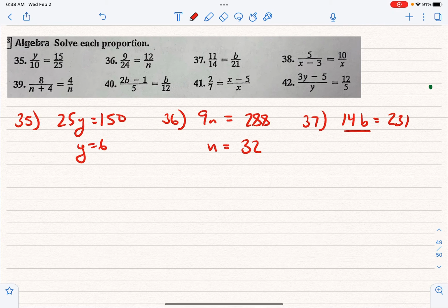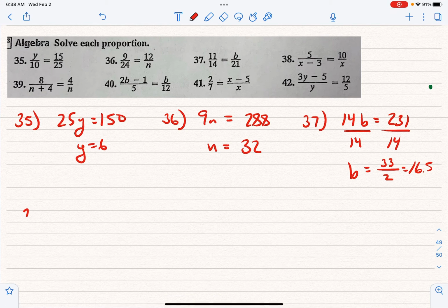Boy. And then divide both sides by 14. I know that 7 goes into 231 a whole lot of times. It goes in 33 times, and 7 goes into 14 2 times. So it reduces to 33 over 2, which is the same thing as 16.5.